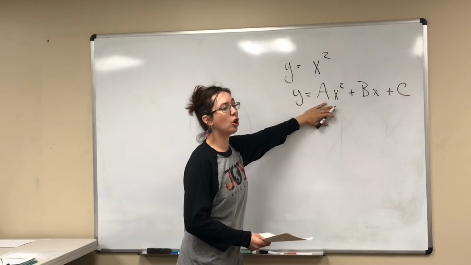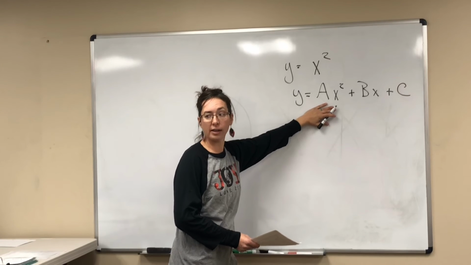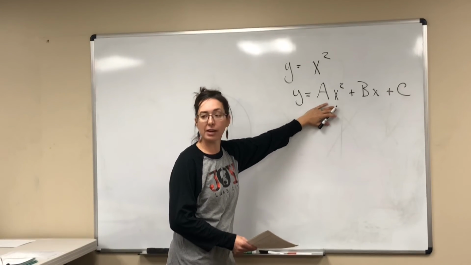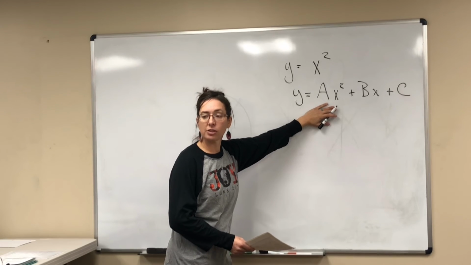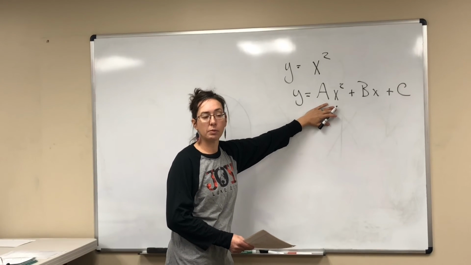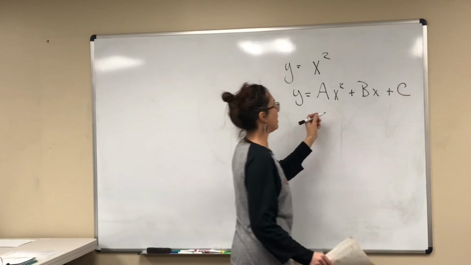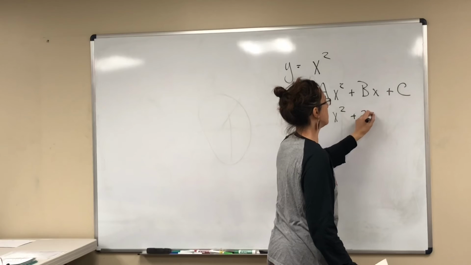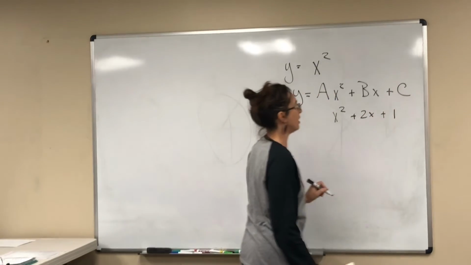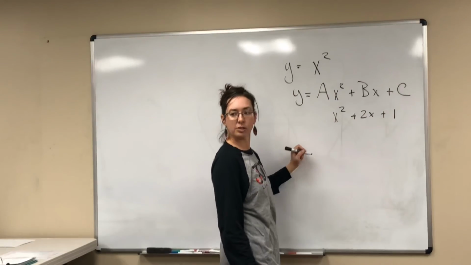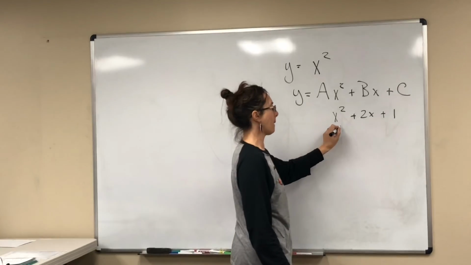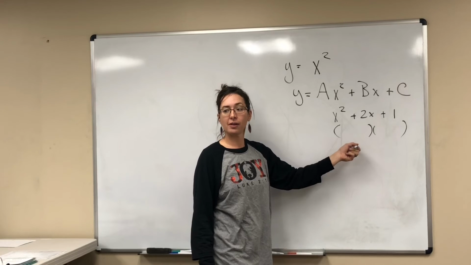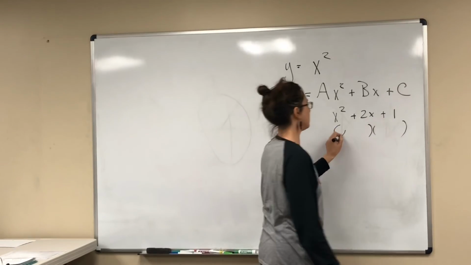When we were solving a quadratic, how do we try to solve it the easiest way, without using the quadratic formula or completing the square? If we had x squared plus 2x plus 1, what was the easiest way to solve this? We always try to factor it first, right?